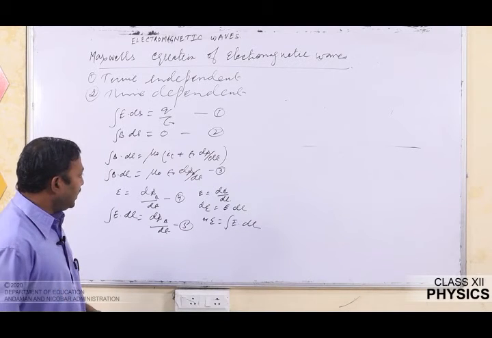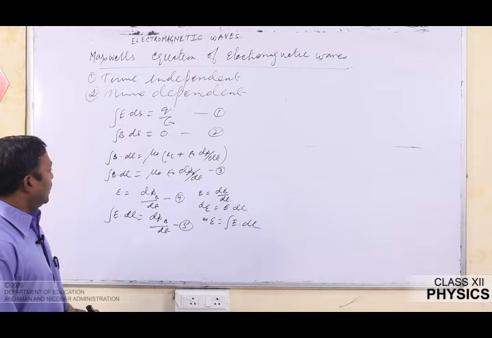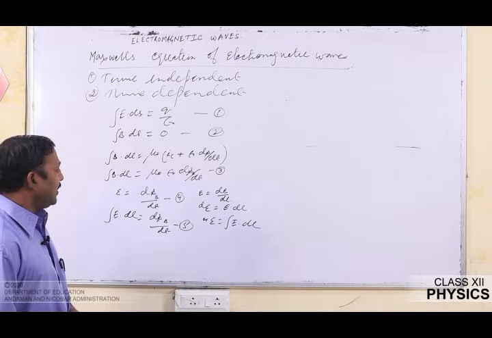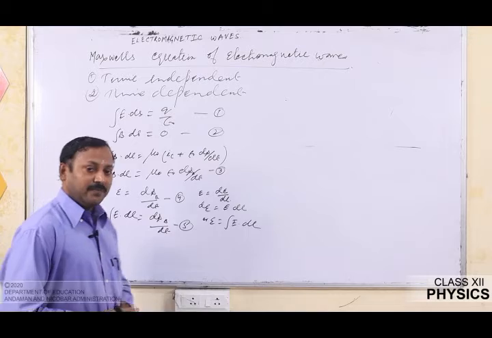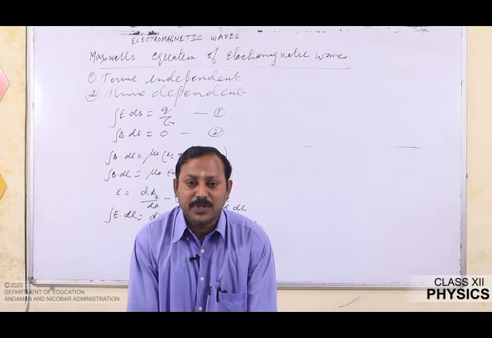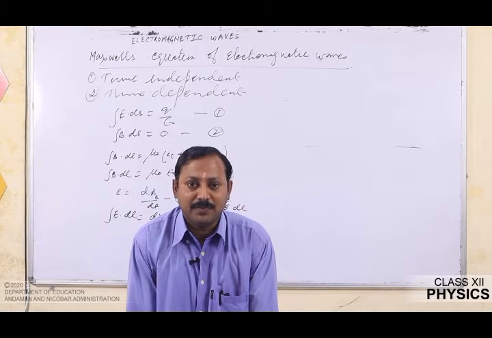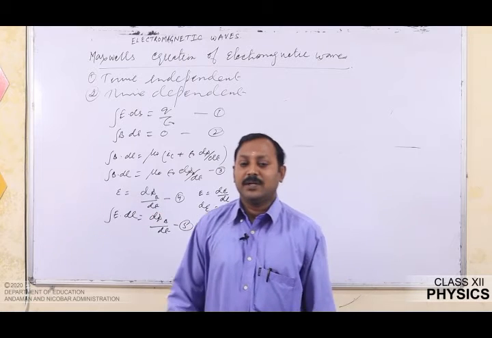Now the electromagnetic waves are the outcome of interaction of these two equations, that is, an oscillating electric field produces a magnetic field and an oscillating magnetic field produces an electric field. Interaction of these two fields produces a wave which is said to be an electromagnetic wave, and this wave travels perpendicular to the magnetic field vector as well as the electric field vector.